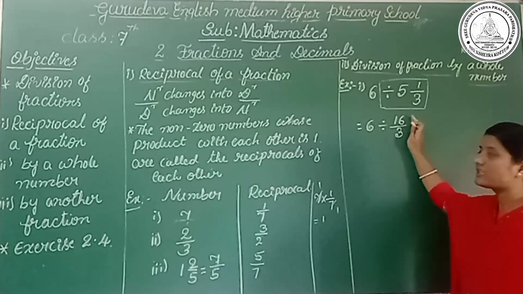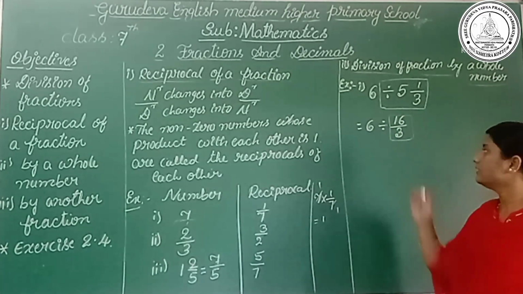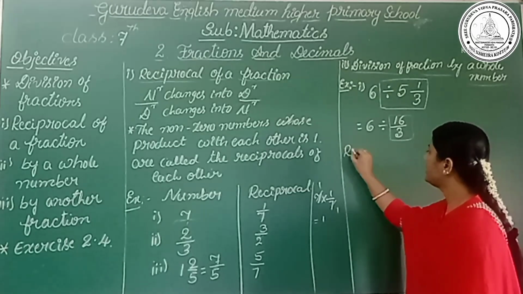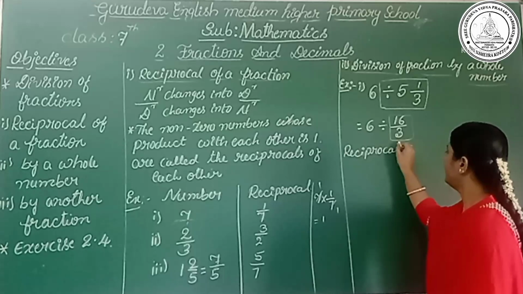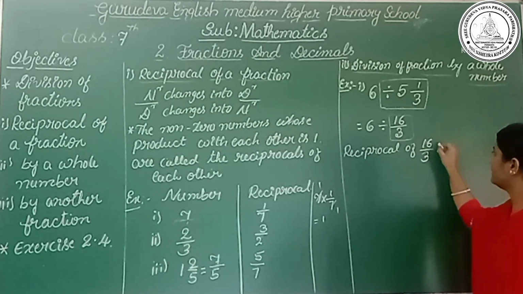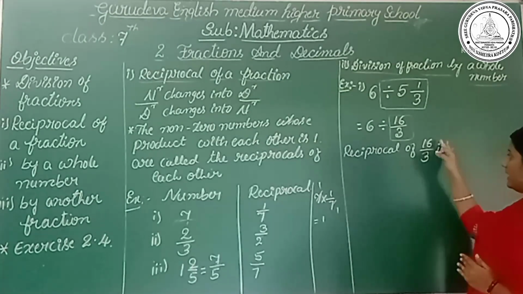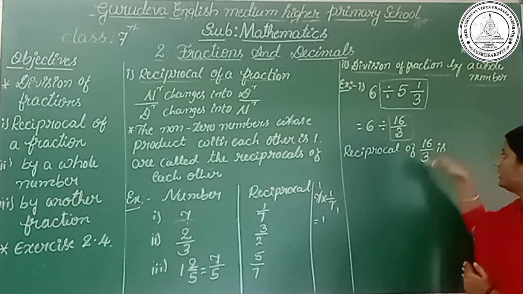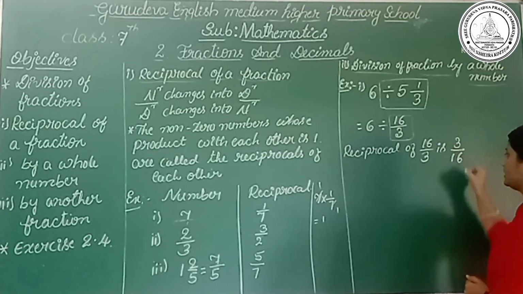For that you have to take the reciprocal. Okay, then let's take the reciprocal. What is the reciprocal of 16 by 3? Yes, we have to change the numerator to the denominator and the denominator to the numerator. So that is 3 by 16.